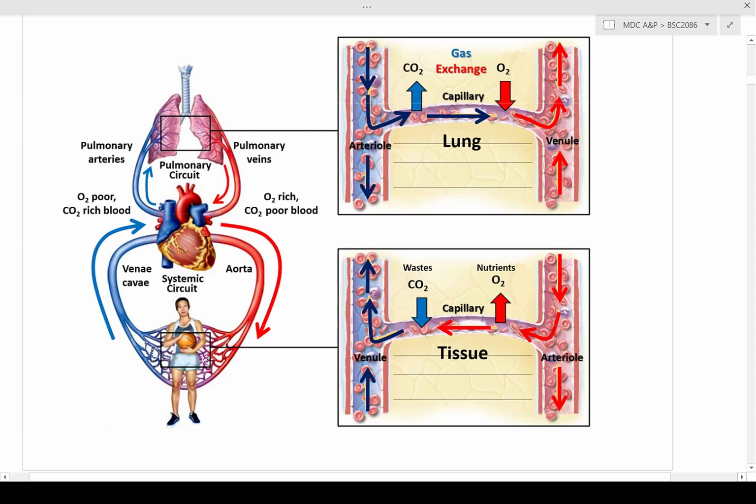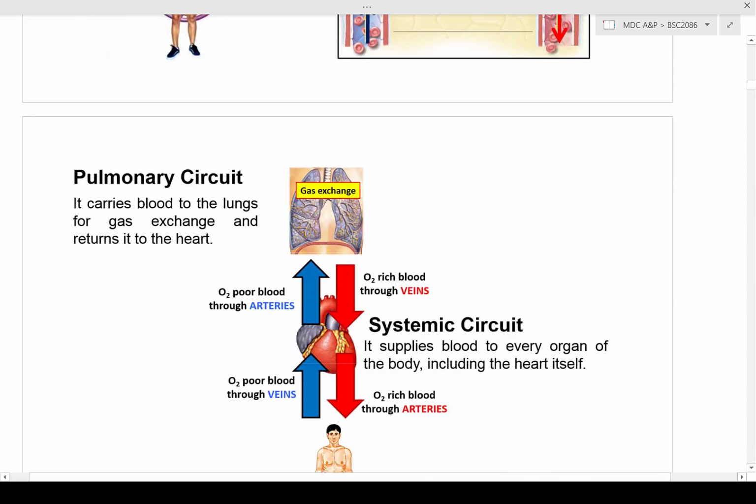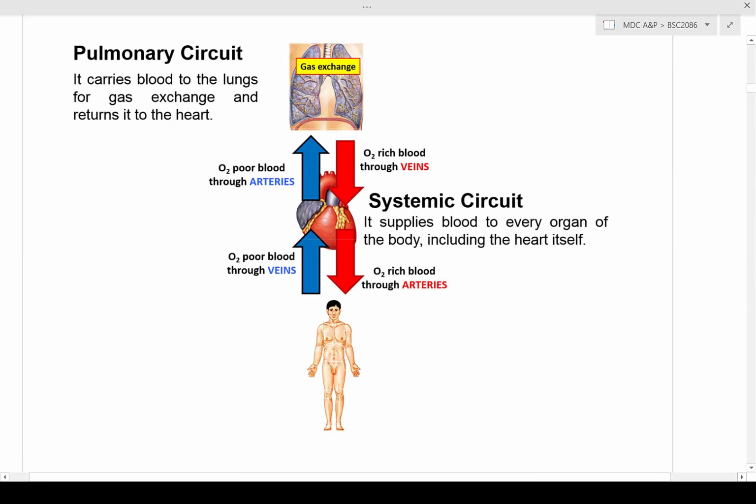When the tissue uses the nutrients and the oxygen, the tissue gives you, as a byproduct, CO2, which comes back into the venous circulation and gives you waste products as well, which come back again. Now, please know that gas exchange occurs only where? In the lungs, all right?